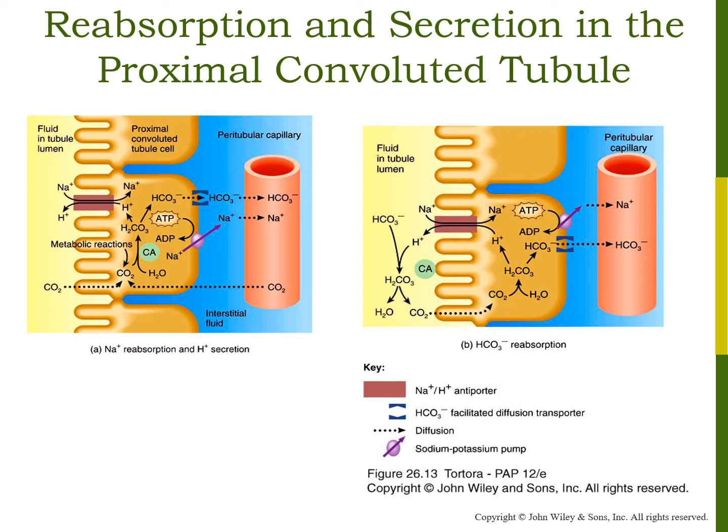The hydrogen comes from carbon dioxide, which either entered the cells from the filtrate or from the blood, or is produced by metabolic reactions. The combination of carbon dioxide and water, as catalyzed by carbonic anhydrase, forms carbonic acid, which dissociates into the hydrogen that is secreted and into a molecule of bicarbonate that moves out of the cell and into the blood by facilitated diffusion.